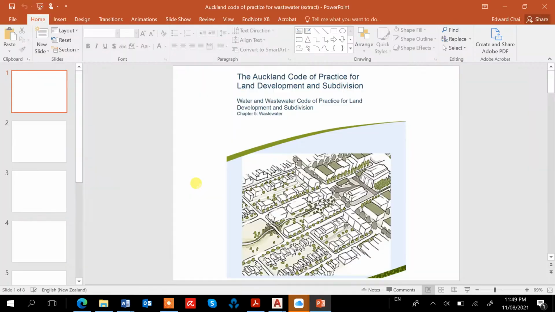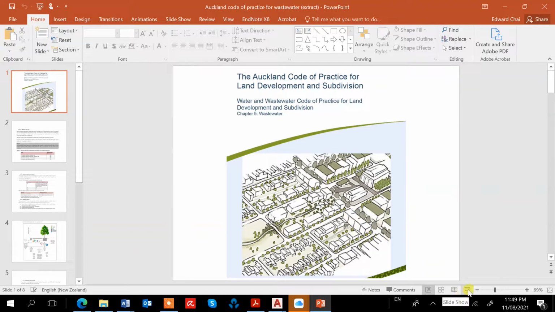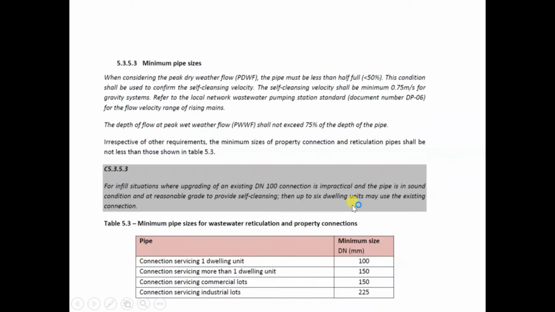Okay, so this is an extract from the Auckland Code of Practice for Land Development and Subdivision, and this is Chapter 5 Wastewater. So you need to look at this extract.